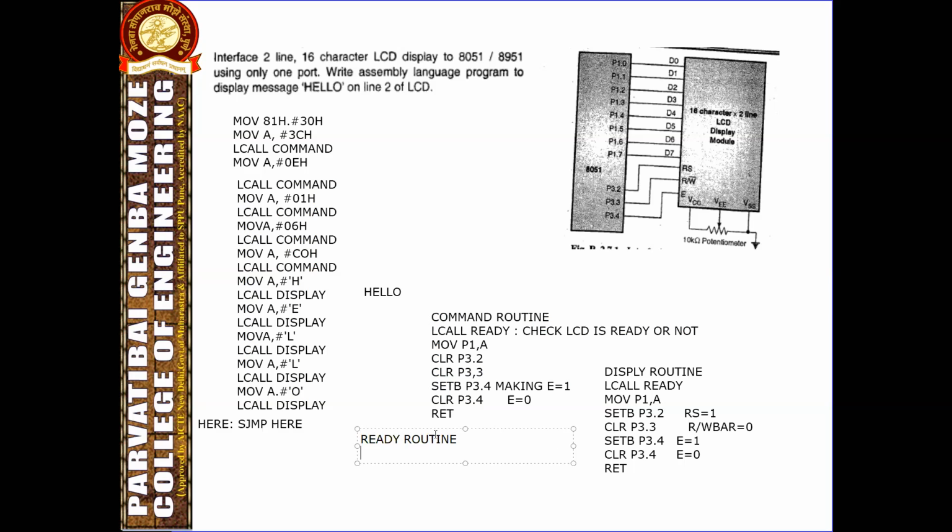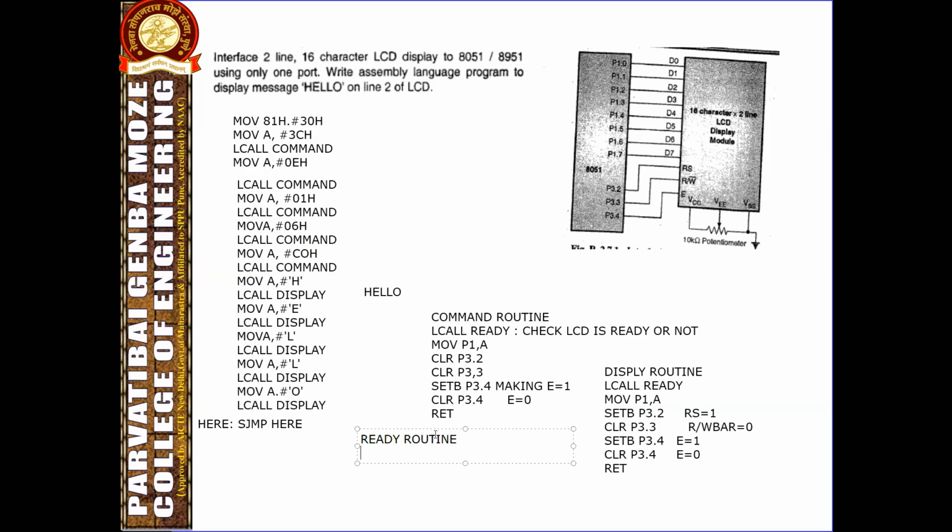First, make the busy pin, which is nothing but the data bus pin, high. Then program the corresponding port as an input port. Then make RS equal to 0, R/W bar equal to 1 for reading purpose, and make E equal to 0 and then make E equal to 1. This is the instruction for writing this ready subroutine.